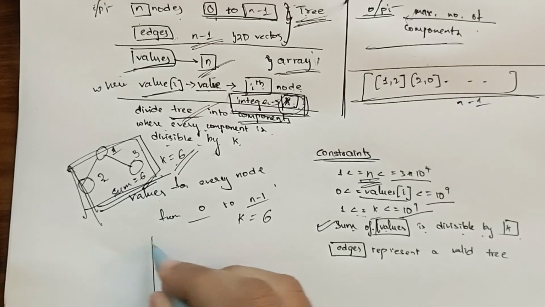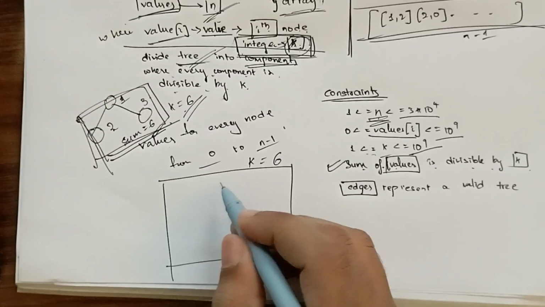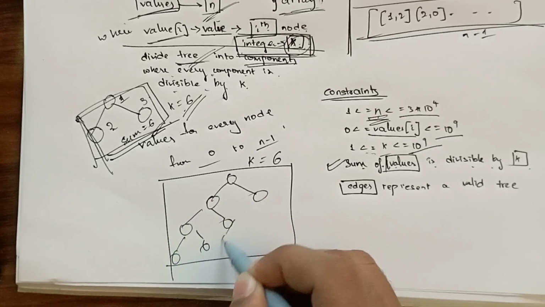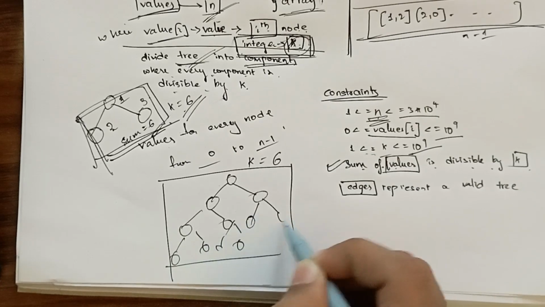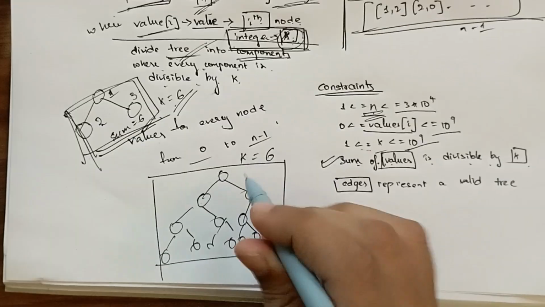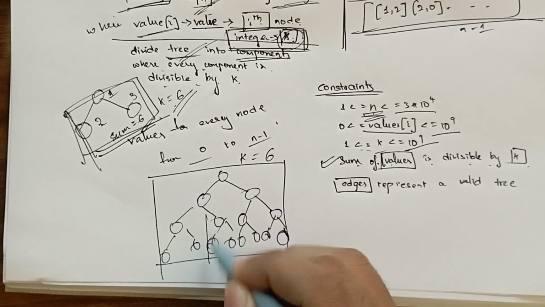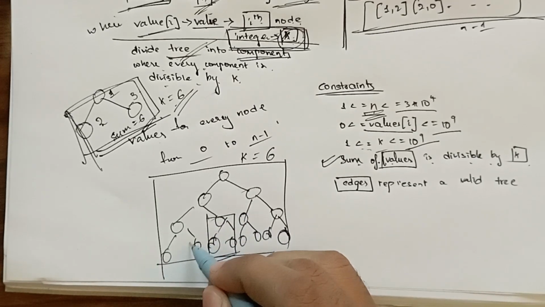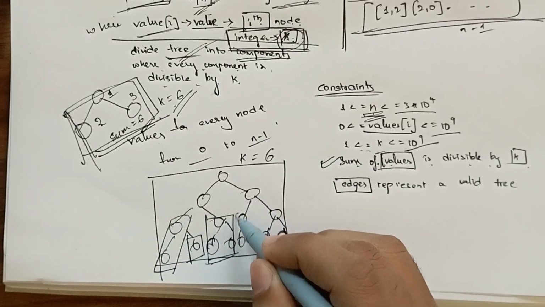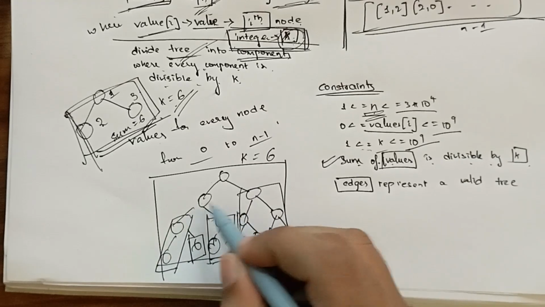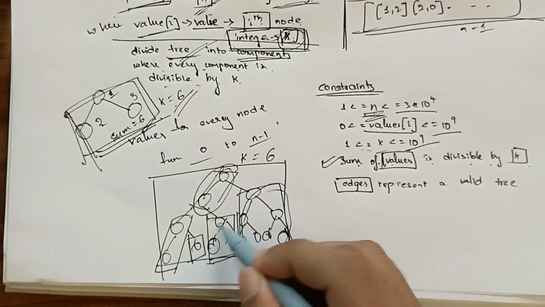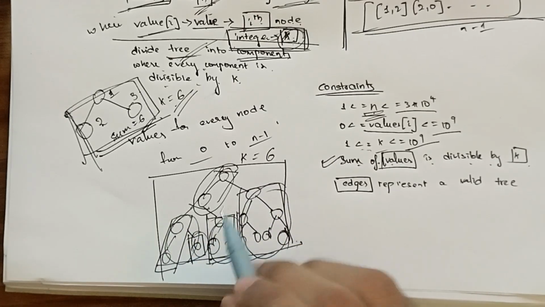Now, let us take a tree. Here we have a root node and children and so on. Let us assume this is a subtree, this is a node, and this is another subtree, and these sums are divisible by k.